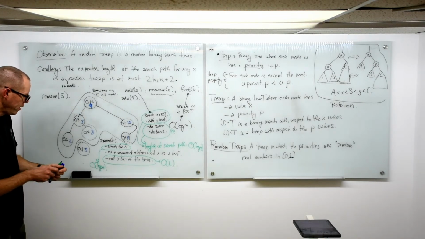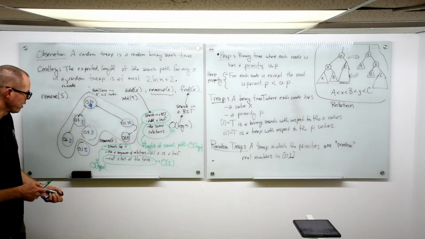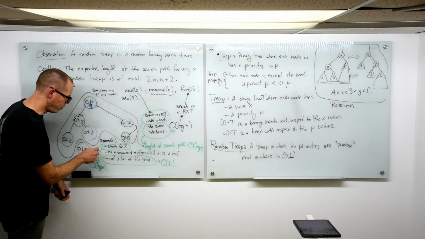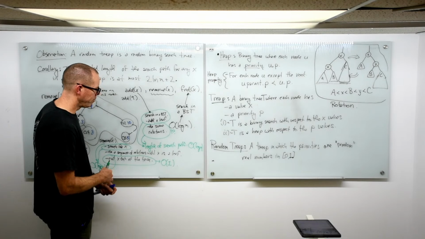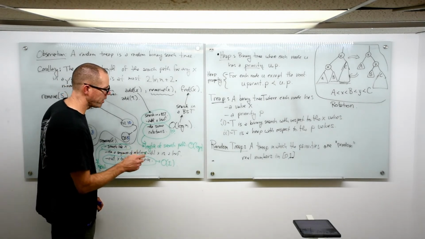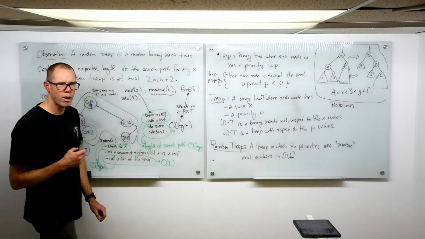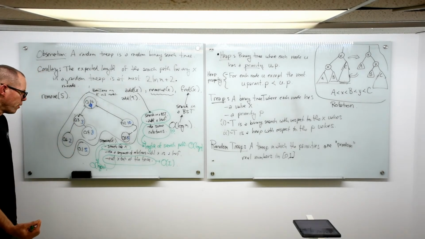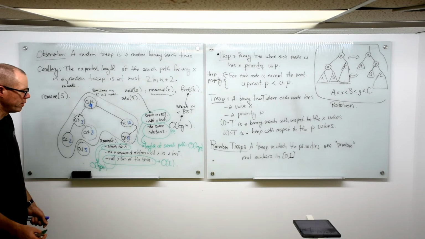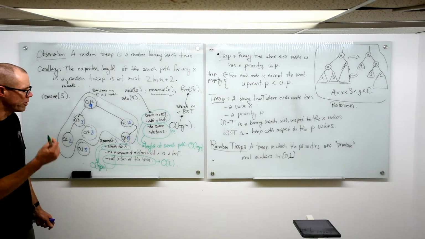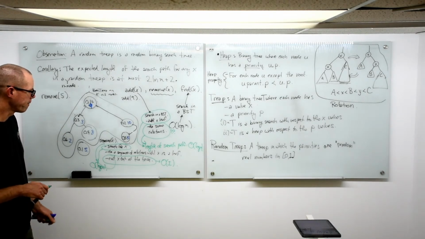So that means that this remove runs in exactly the same time as adding, except you replace n with n minus 1, because it's like you're adding to a tree of size n minus 1, but it's exactly the opposite operations you would do if you were doing that.